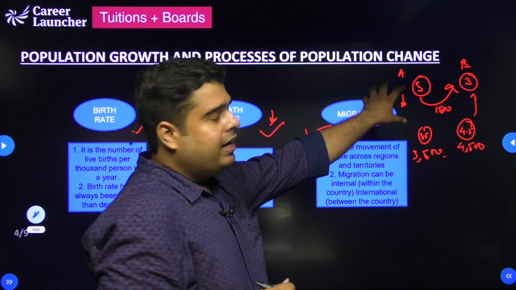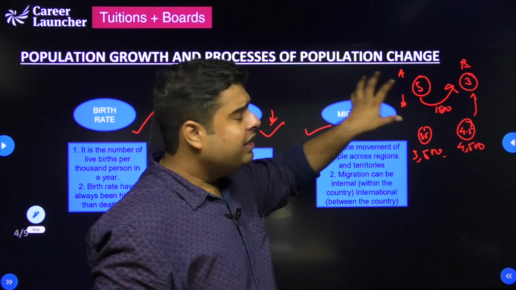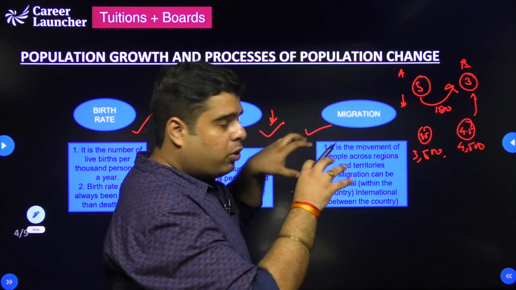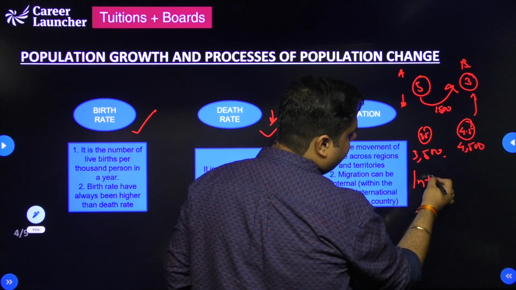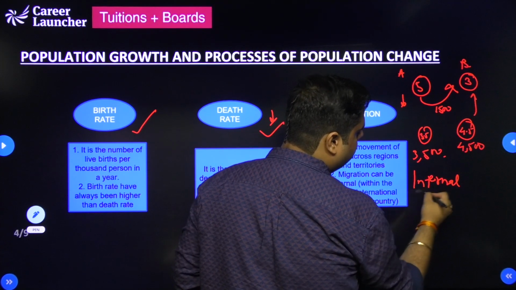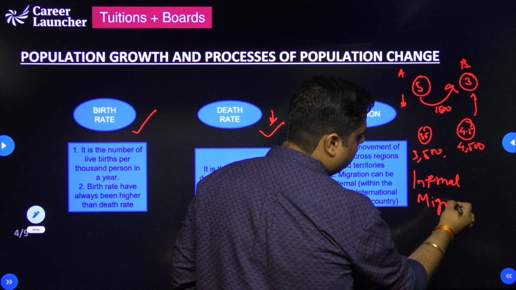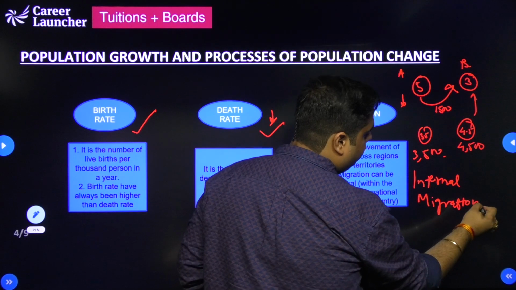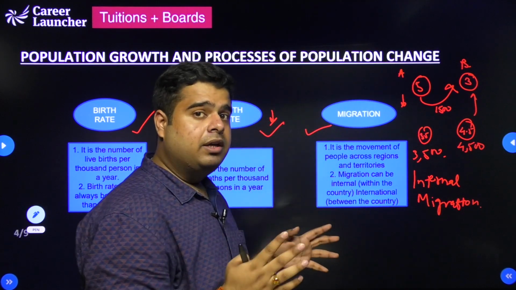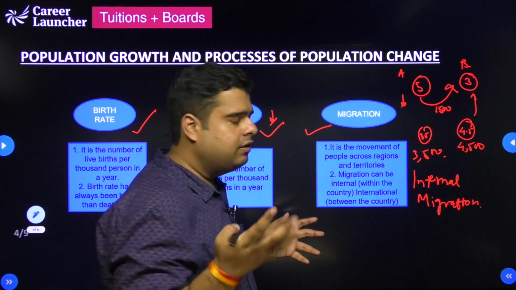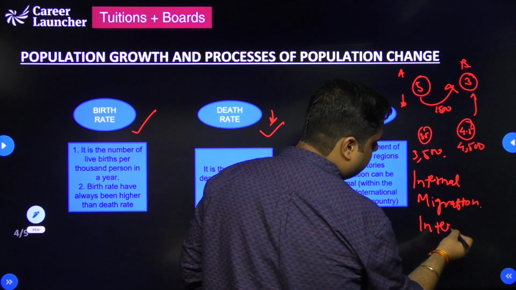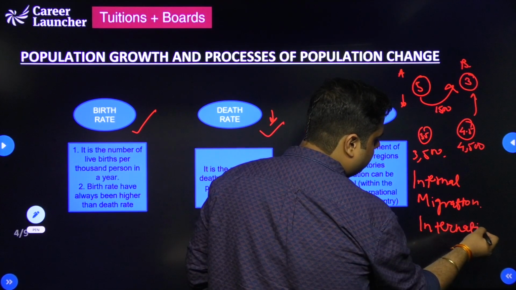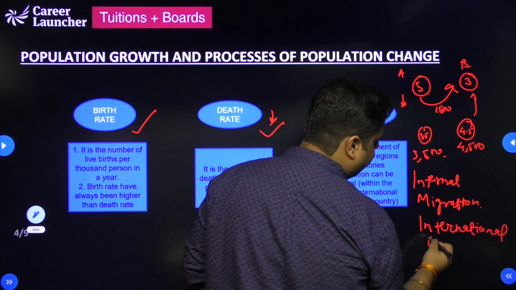If this migration happens between two pockets of the same country, it is called internal migration. But when it happens between two different countries, it is called international migration.